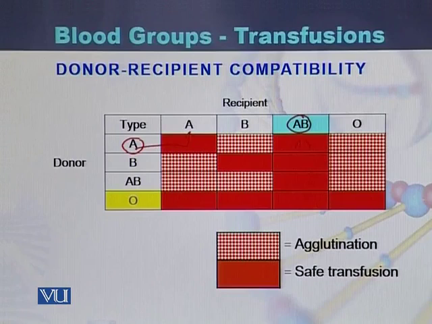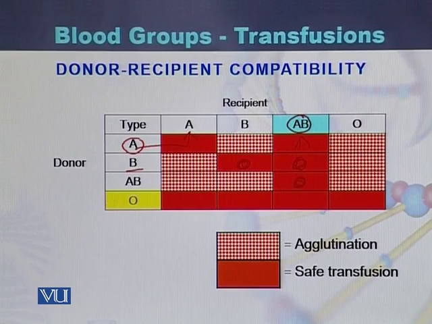This blood group cannot be donated to a person with blood group type B or blood group type O. Blood group B can be donated to blood group B, as well as to a person who has blood group AB. AB can be donated only to an individual who has AB blood group.